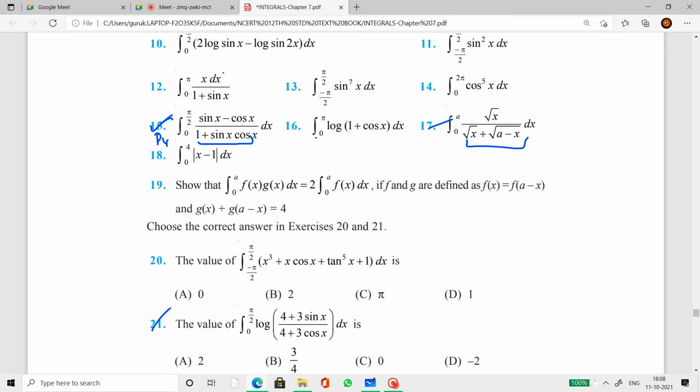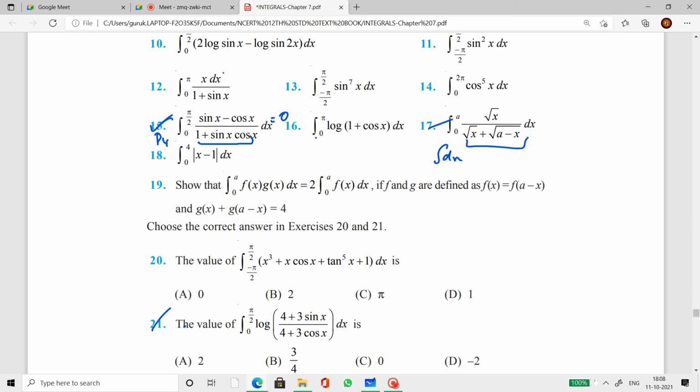For the 15th one, the numerator becomes 0 and therefore the answer would be 0. Whereas for the 17th one, it gets cancelled and therefore you integrate only dx here. So after cancelling only 1 will be left.